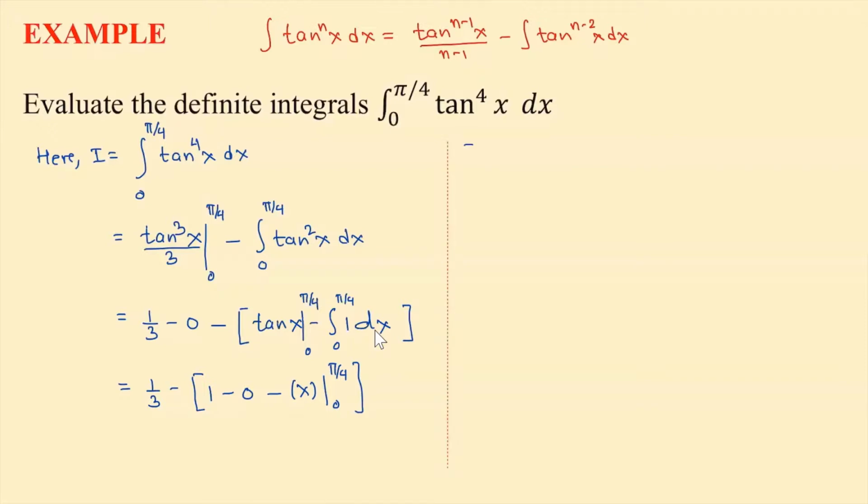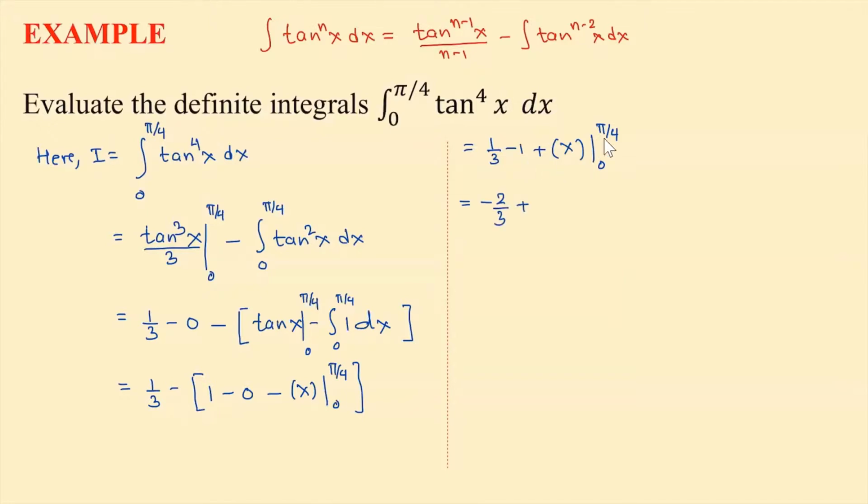This is equal to, we have 1/3, and then here we have minus, if I'm subtracting this, it will be minus 1. I'm subtracting a 0, so I don't have to worry about that, but negative and negative, that becomes positive x. This x must be evaluated from 0 up to pi over 4. Now here we have 1/3 minus 1. 1/3 minus 1 is negative 2/3.